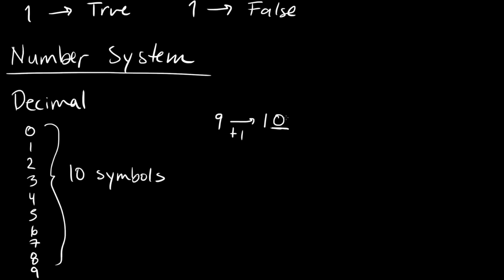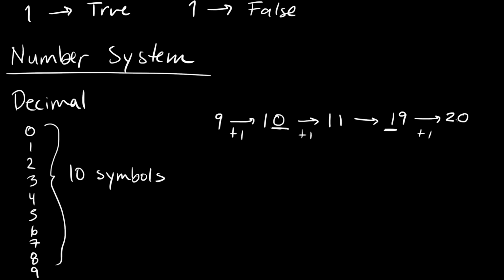Then if we keep adding 1 again, we get 11, since this is the 1's digit. If we keep going, we'll eventually reach 19. Then if we add another 1 to 19, there's no symbol to represent what happens after 9, so we have to add 1 to this digit. Then it goes to 2 and then 0.